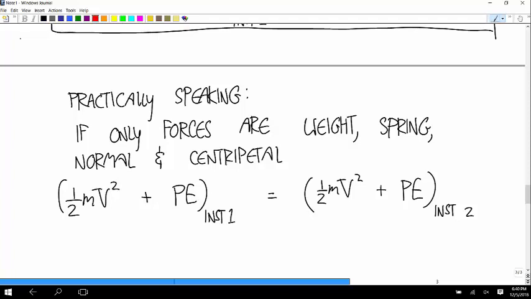This expression, 1/2 mv squared, is called the kinetic energy. And it's called conservation of mechanical energy because we're going to call the kinetic energy plus the potential energy what we'll call mechanical energy.